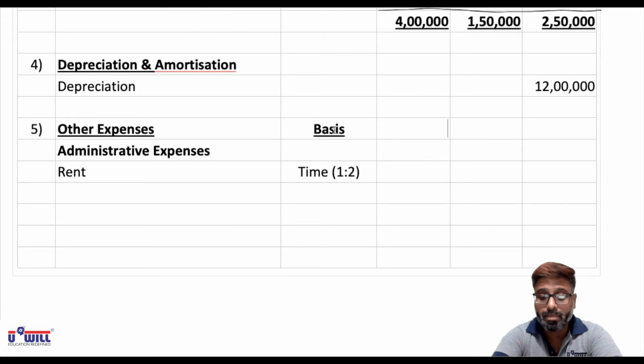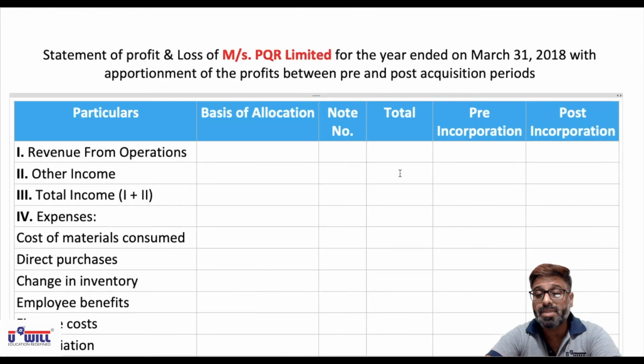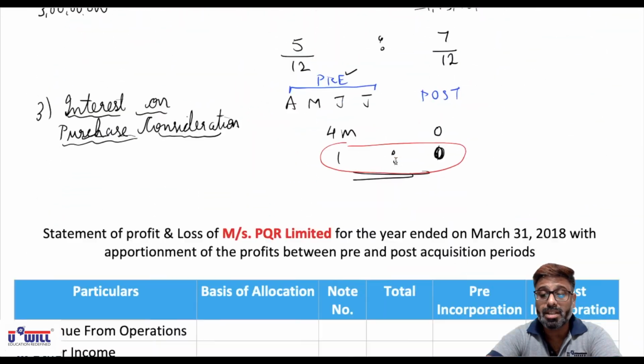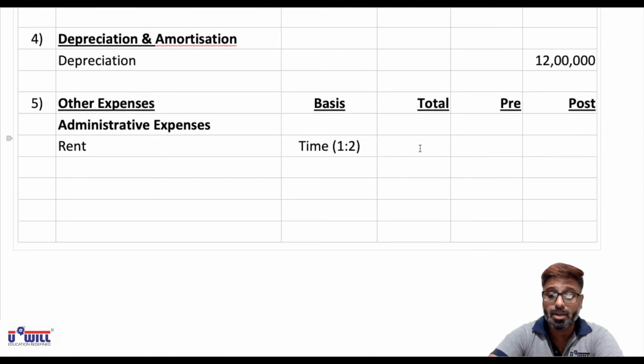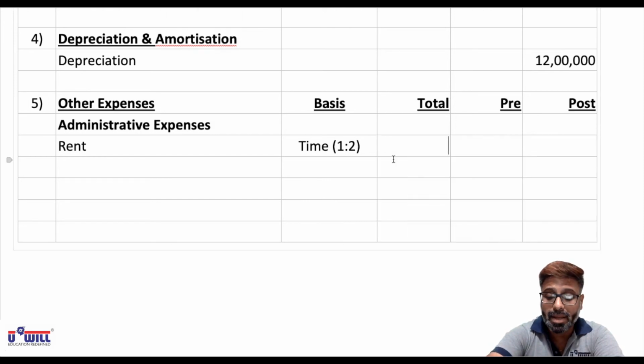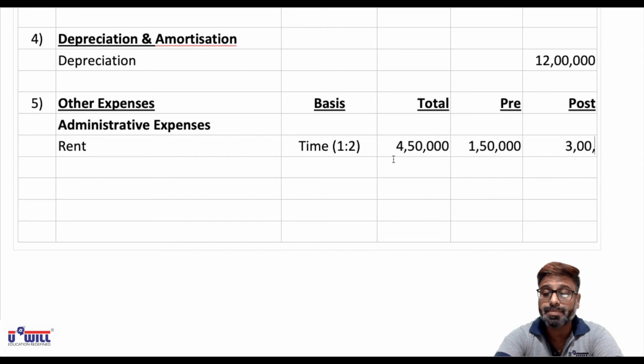Basis, total, pre, post. Now rent, as we have seen, is how much? 4,50,000. Okay, rent 4,50,000. And time ratio 1:2. So 4,50,000 into 1/3 is 1,50,000, and 4,50,000 into 2/3 is 3 lakhs.